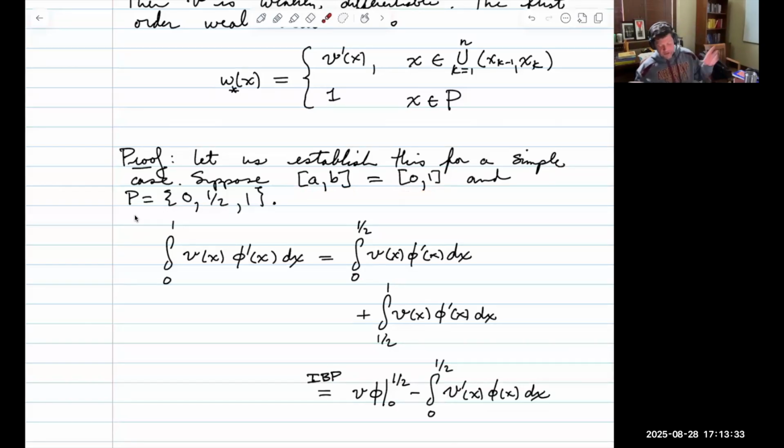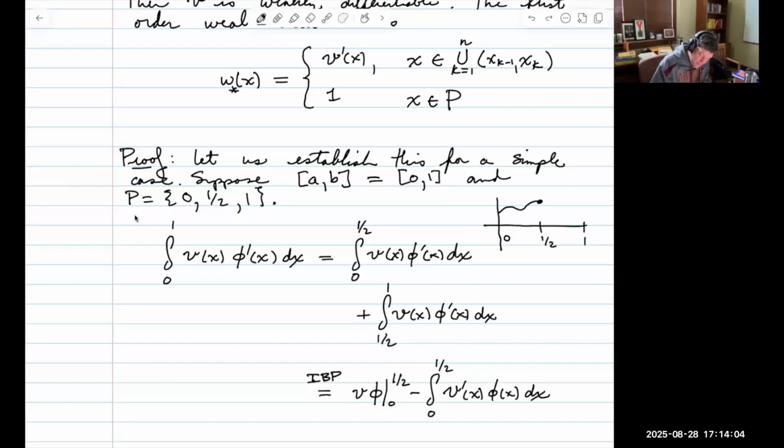So I'm just going to do a very simple partition where the partition is just going to be 0, 1/2, and 1. Okay, so the picture here is I've got a function and it looks like this. It's defined on [0, 1]. Okay, here it's doing something nice, and then it changes course and does something else.